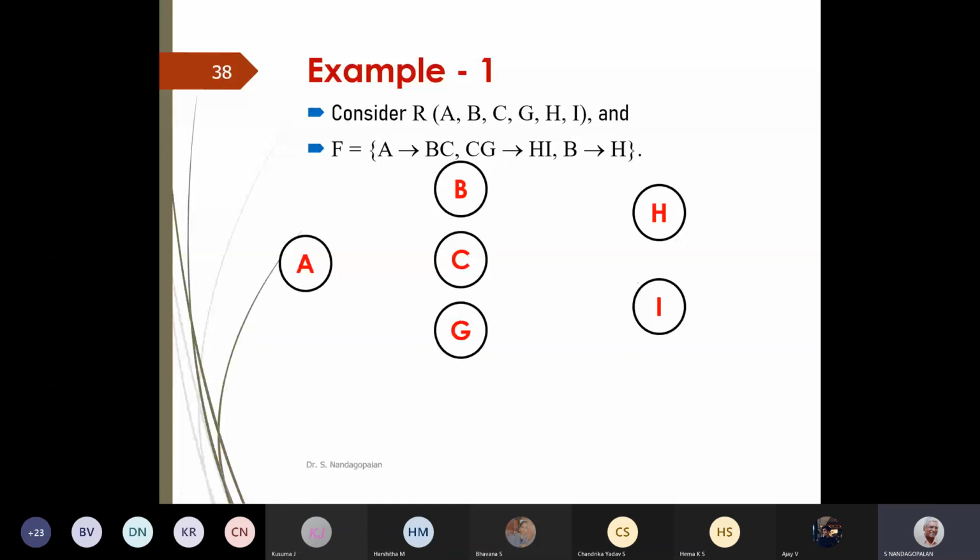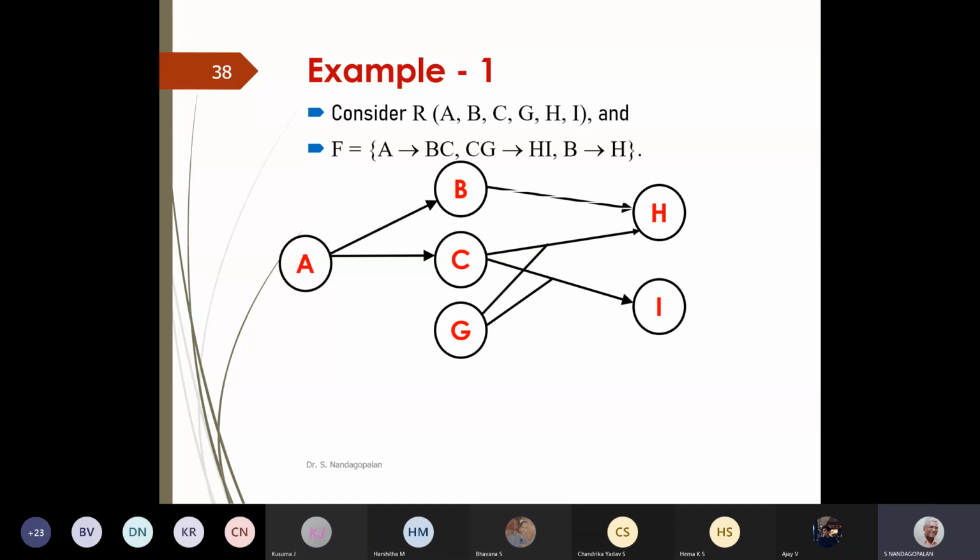Okay, so this example in yesterday, all the candidate keys. So just to recall that first you have to draw vertices corresponding to attributes in R and then draw directed edges depending upon the FDs given. For example, A arrow BC, so you have two edges emanating from vertex A to B and C and so on.